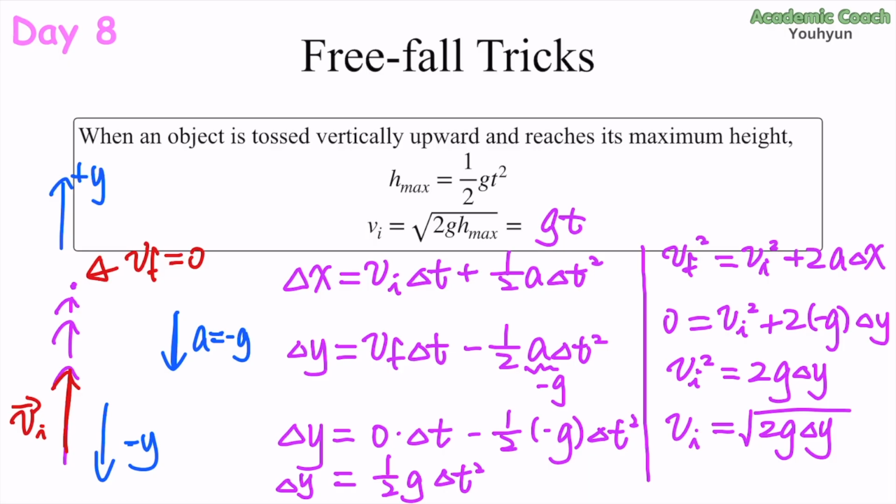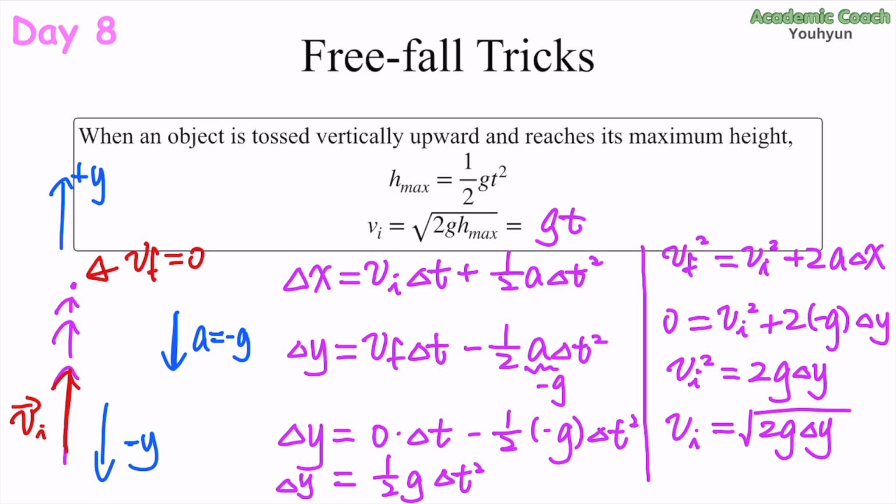So if you toss an object upward and it eventually comes to a stop at max height, then just based on the height, I can already figure out the initial velocity. What if I don't know the maximum height, but I only know the time it took to reach the max height? Then you can directly multiply g, the gravitational acceleration, by the time to get the initial velocity.